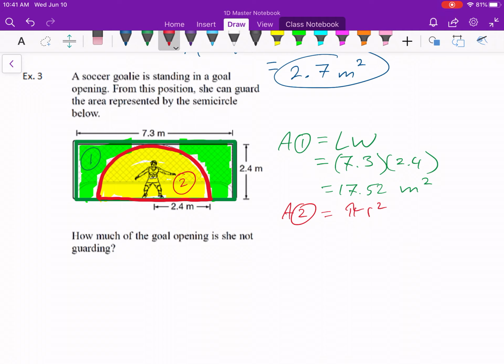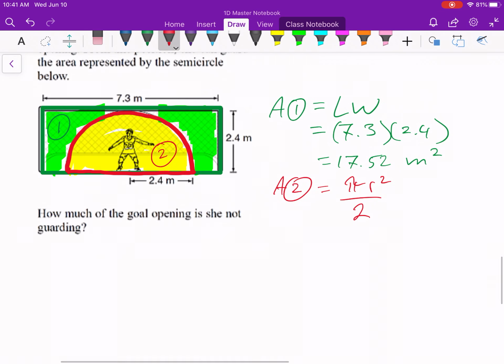But again, because it's a semicircle, I'm going to divide it by 2. Pi r squared is the area of a circle, but we divide it by 2 because it's a semicircle. And so that would be pi. You can either use the pi button on your calculator or 3.14. You'll get slightly different answers, but not enough to be concerned about.